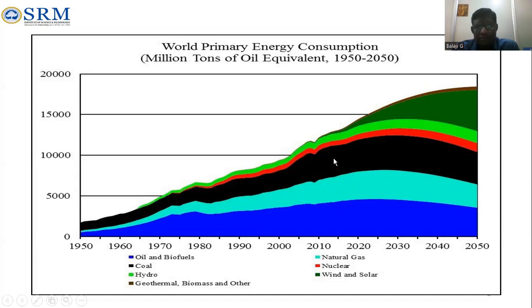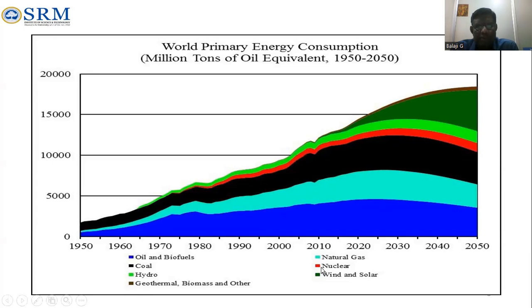Till now, coal is a leading source in spite of its environmental pollution and harmful emissions. Over the period, the usage of the coal-based source is increasing, and in the near future also it seems it will continue. It is not decreasing.